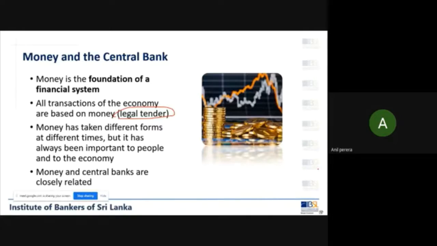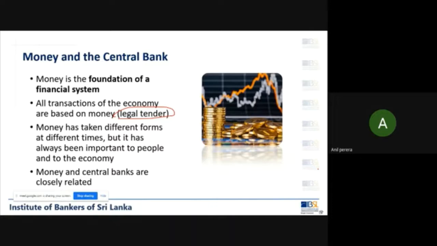That legality, you call it legal tender. The transactions are facilitated by legal tender. Legal tender in the sense you agree on a certain asset to be used as money with the decision of the government to make it money.